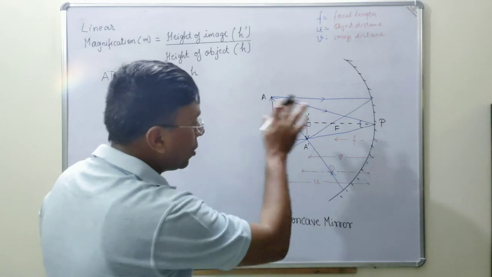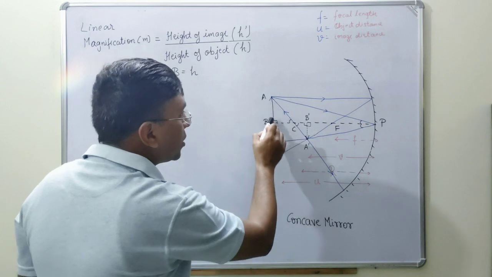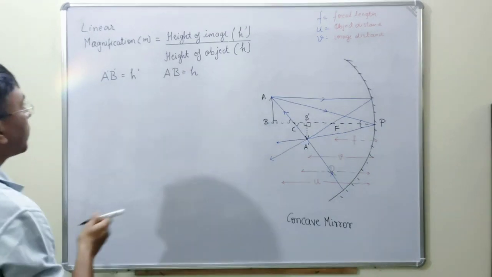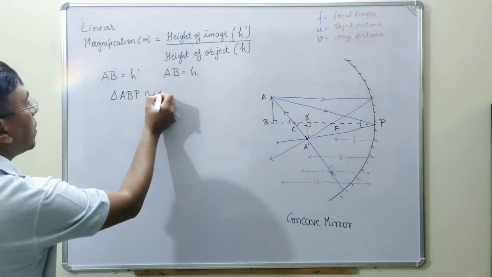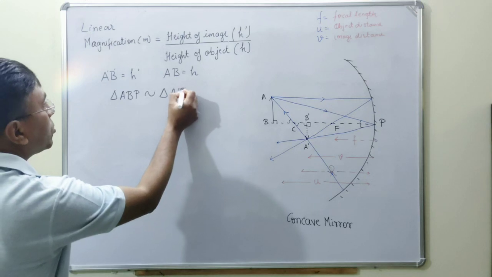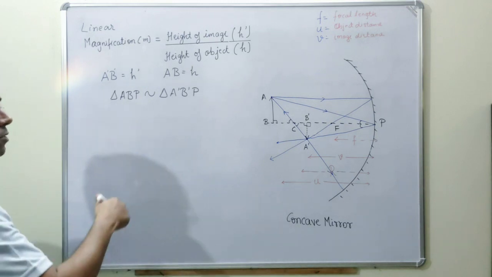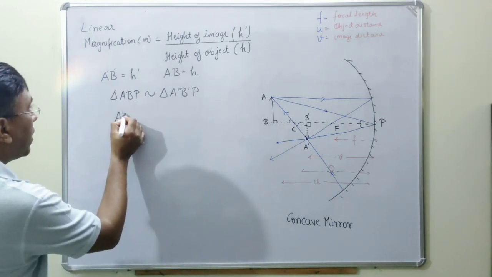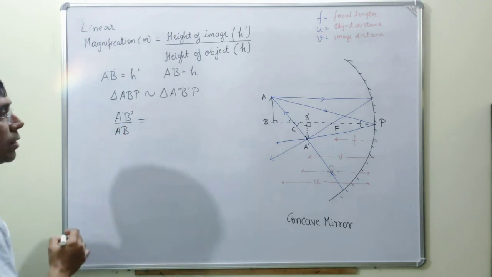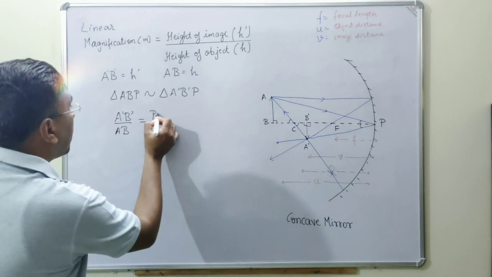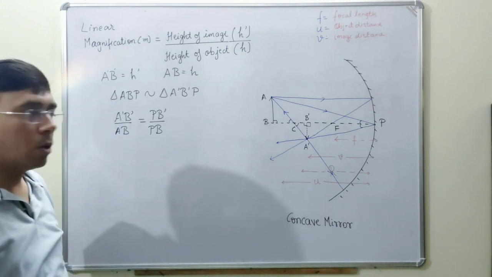If you look at this ray diagram, we will take these two sets of similar triangles, which are ABP and A dash B dash P. Say the triangle ABP is similar to triangle A dash B dash P. Now again I take the ratios of the two sides, that is A dash B dash upon AB. This I can write as PB dash upon PB.